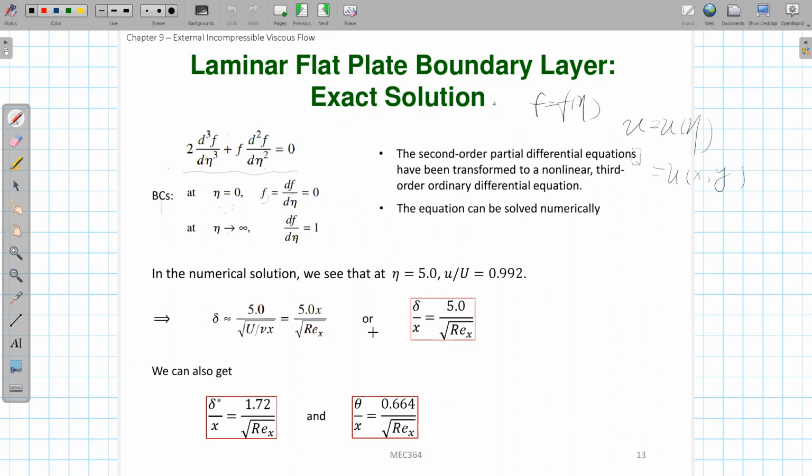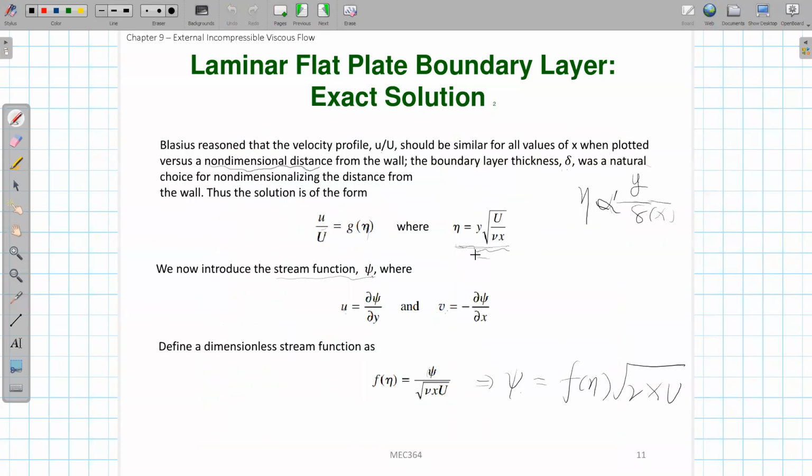In other words, eta equals 5. So what's the definition of eta? Eta is y times the square root of U over mu x.